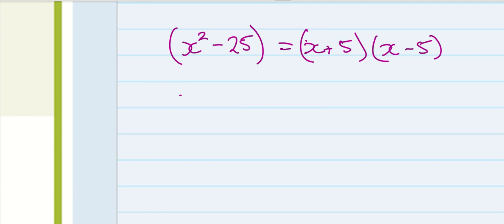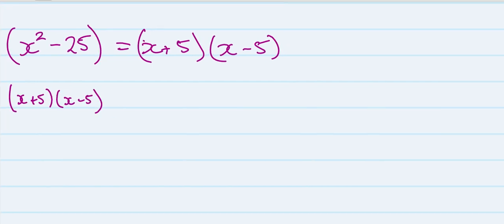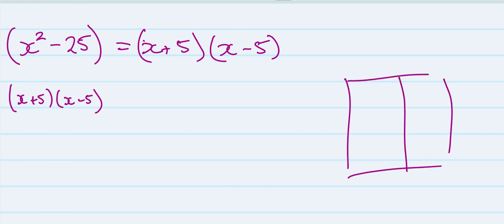So if we go x plus 5, x take 5, we're just looking at the mathematical proof at the moment. I think I've done FOIL and I've done crab claw, so I'll do the rectangle method with you for this one. We've got x plus 5 and x take 5.